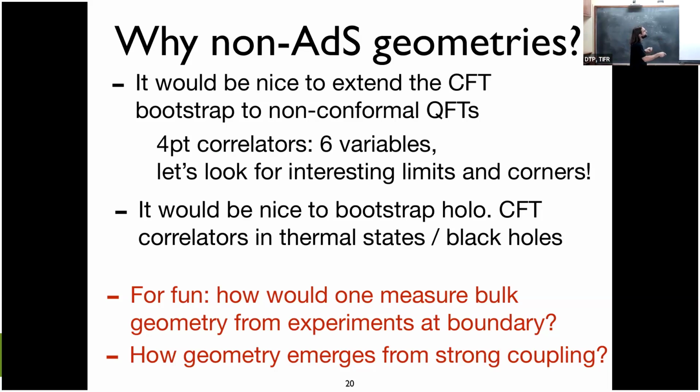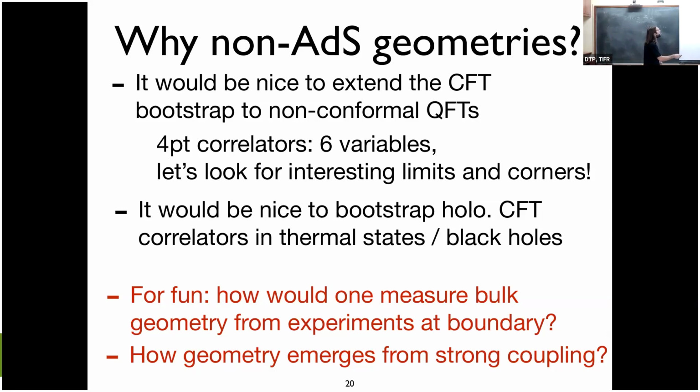The basic issue in actually doing that is that it scares people to study a correlation function with too many variables. So it's fun to just explore the space and see what the interesting corners are.